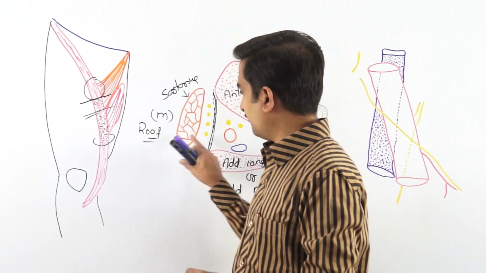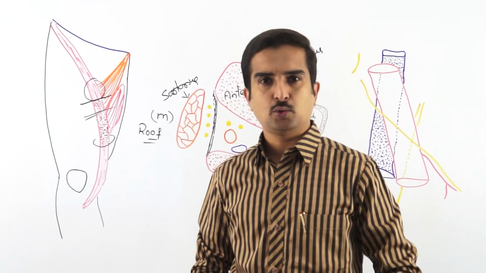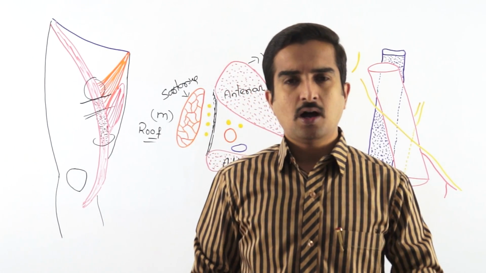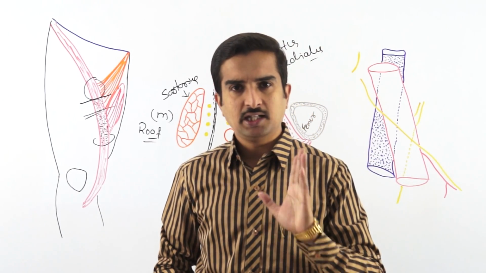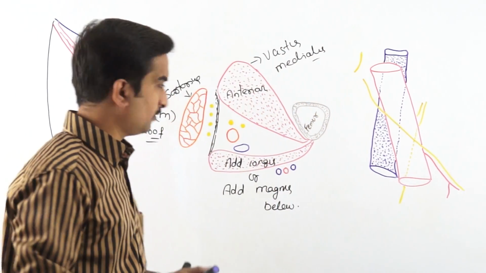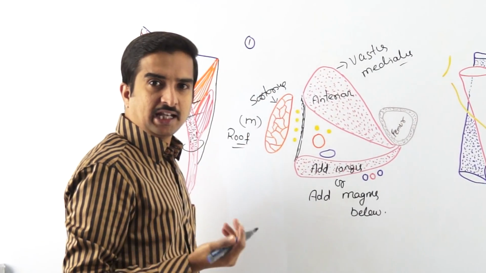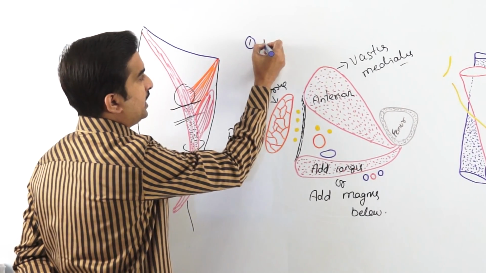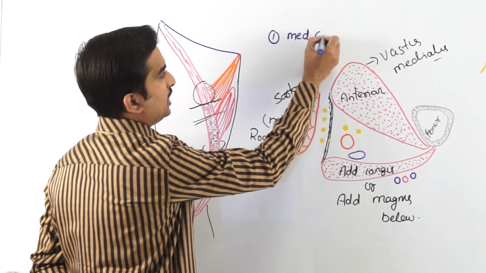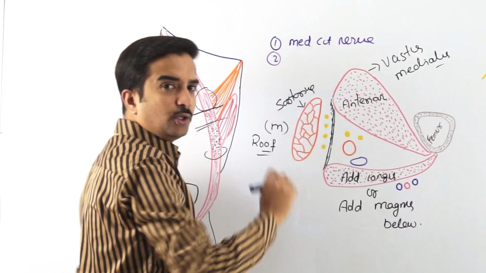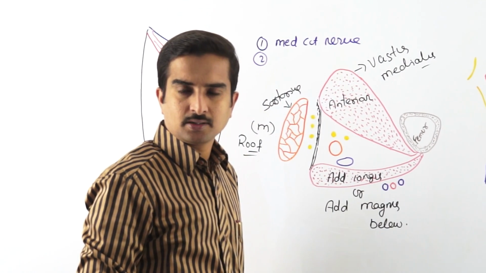canal. I will repeat again about the subarterial plexus. The subarterial plexus are derived from three nerves. What are those three nerves? We will mention here. First, they are derived from the medial cutaneous nerve of the thigh.